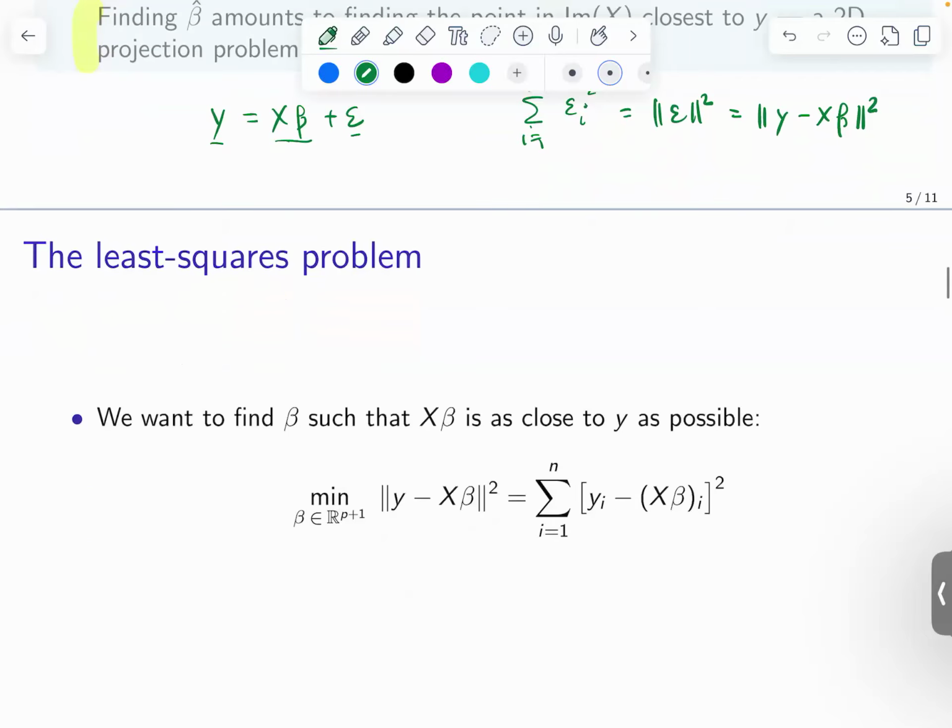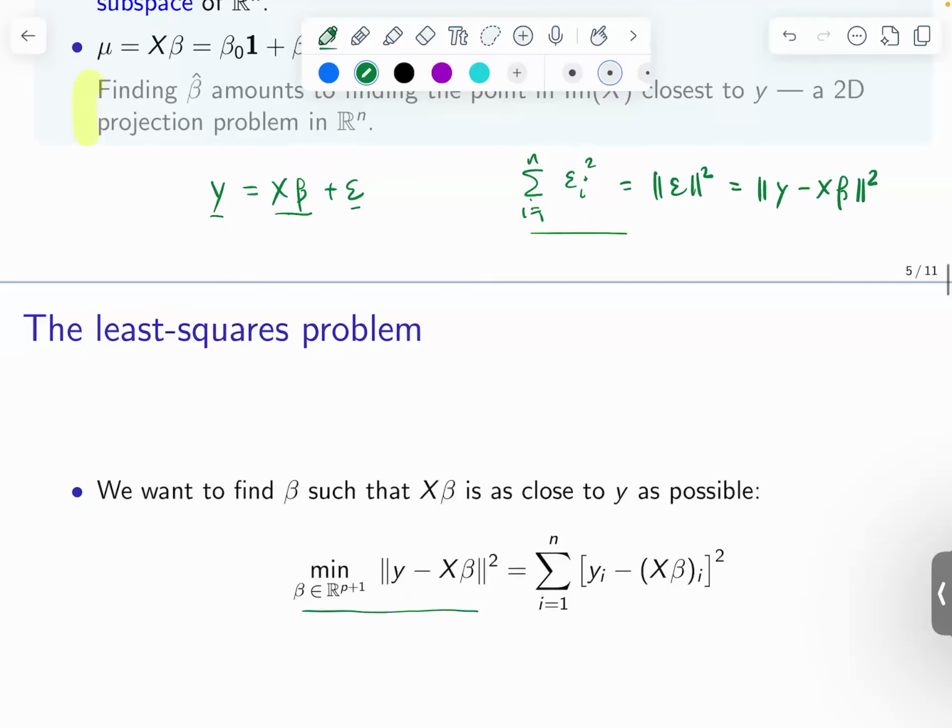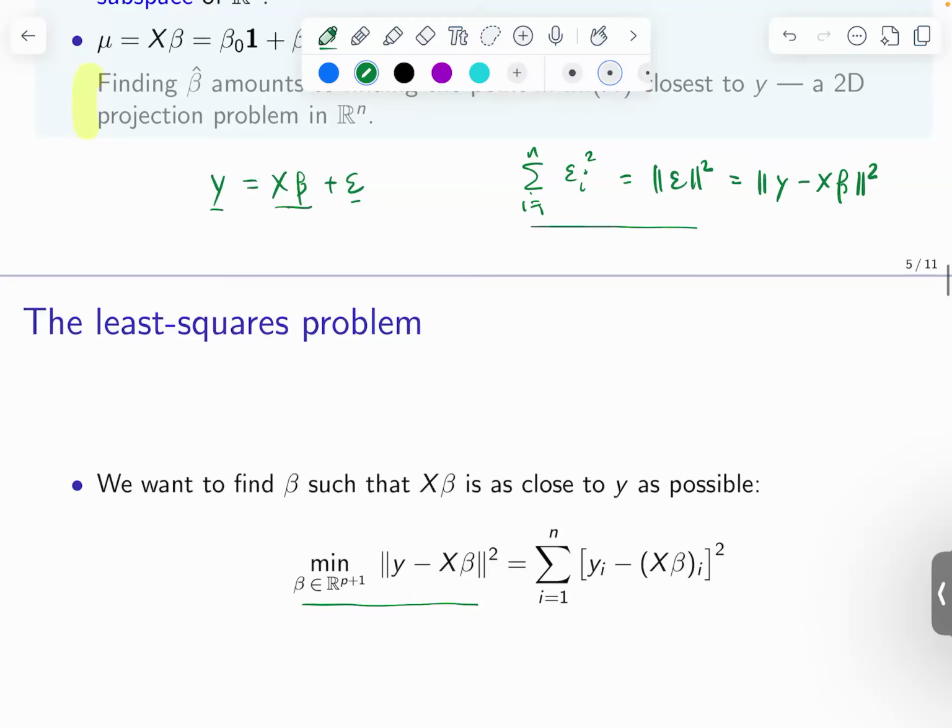If you write it down in vector form, remember the norm is exactly this. We're trying to minimize the norm squared. I can drop the 2 here as well, since minimizing the norm squared versus the norm itself is not going to be that different.